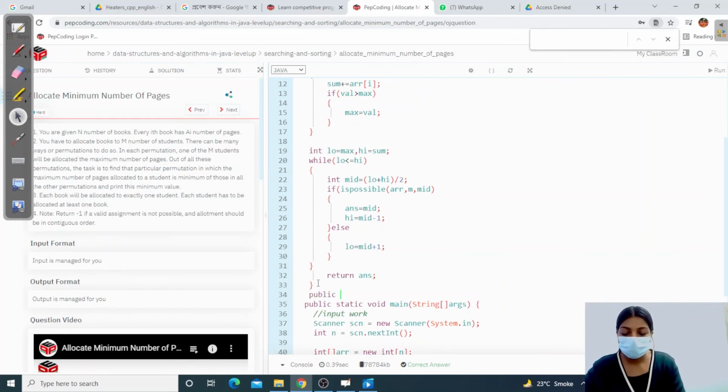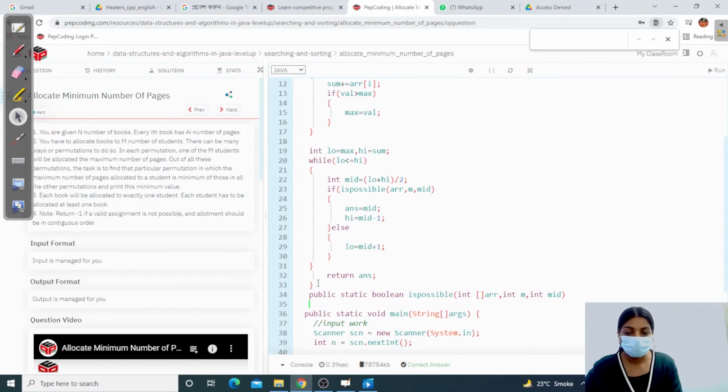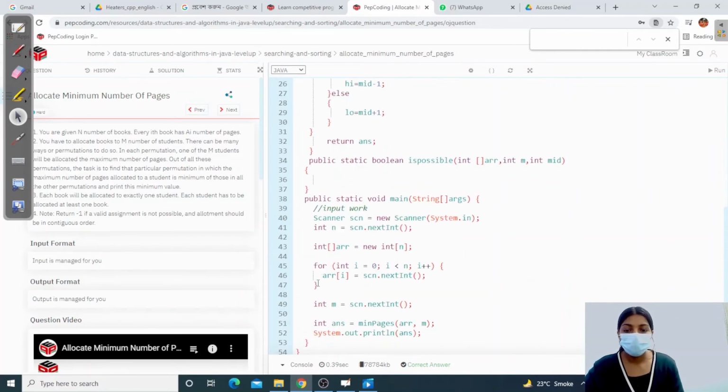Now we have to write the isPossible method. Public static boolean isPossible, with int arr. All right, now first of all I will have the number of students, which is initially equal to 1, and my sum, which is initially equal to 0.